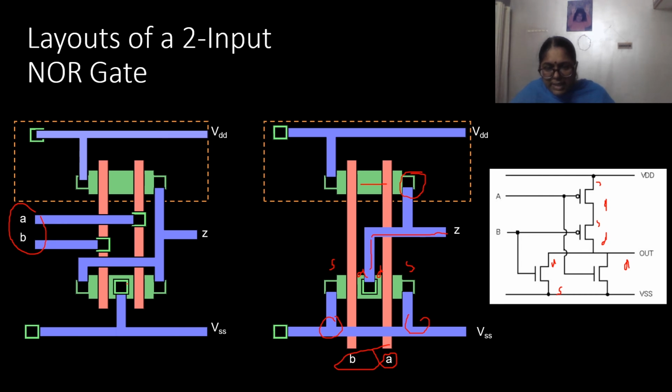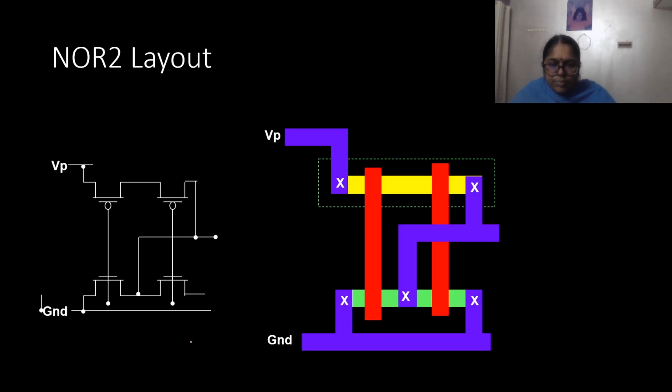Here I had marked source like this and drain like this, but in this one the source of both the transistors is marked here and drain is marked in this way, so that this common area is connected to VSS, indicating the sources of both the transistors are connected to VSS, and the drains of both the transistors are connected together, through which output is taken. The same thing has been shown in this particular diagram.